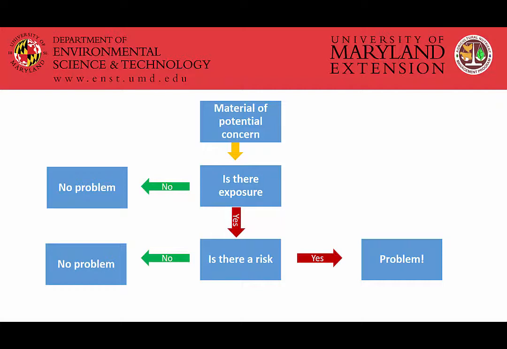If there's exposure, but there's no risk, there's no problem. So if there's something in the manure, even if it gets into the food, if what gets into the food isn't a problem for humans, it's no problem. Now, you may not agree with this risk assessment paradigm, but this happens to be what our regulatory agencies use in the United States. Not what's used in Europe, but what's used in the United States.